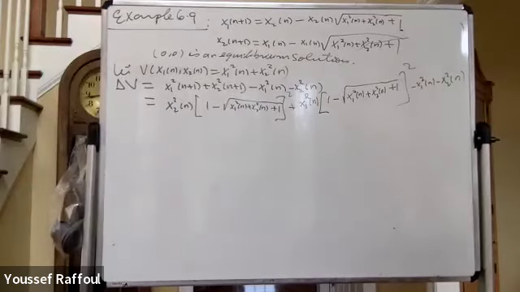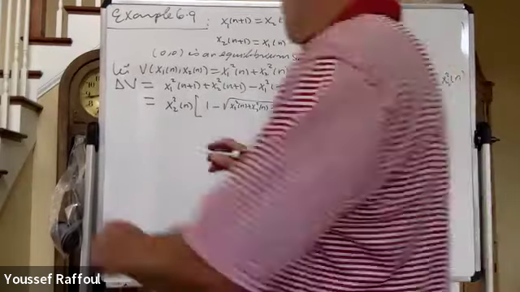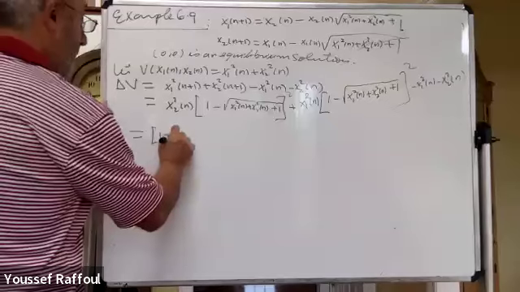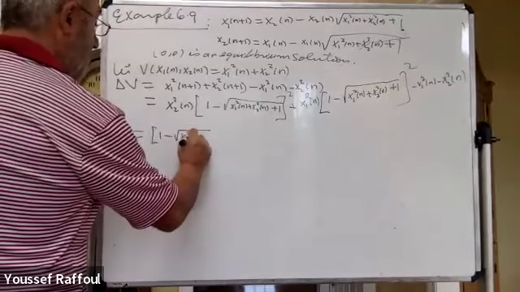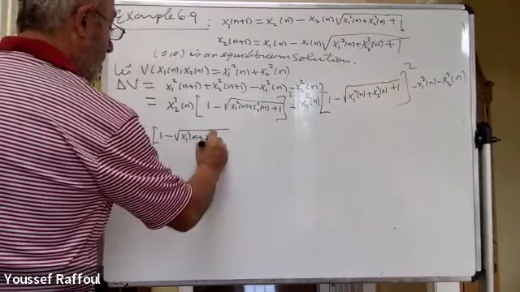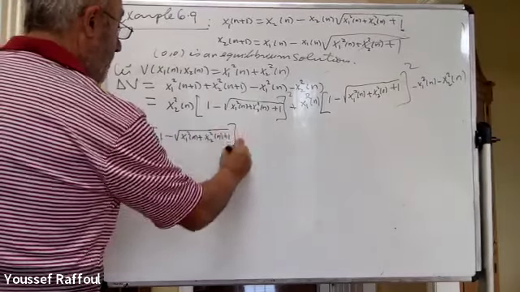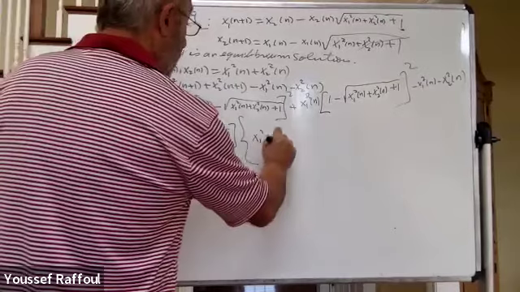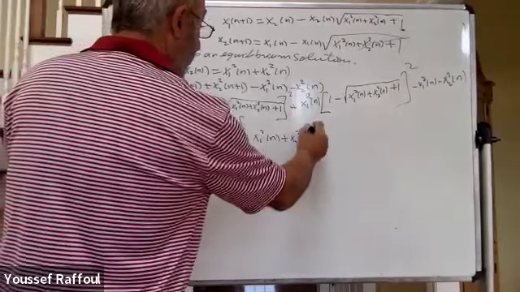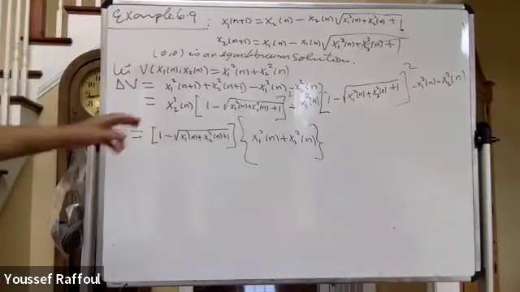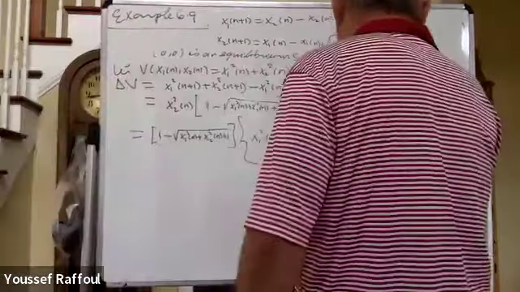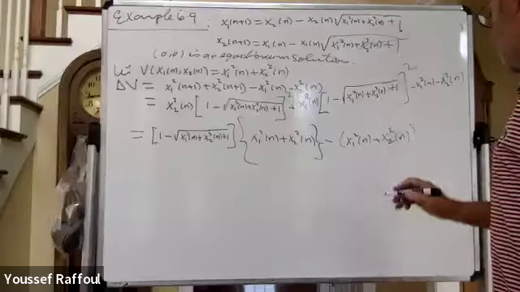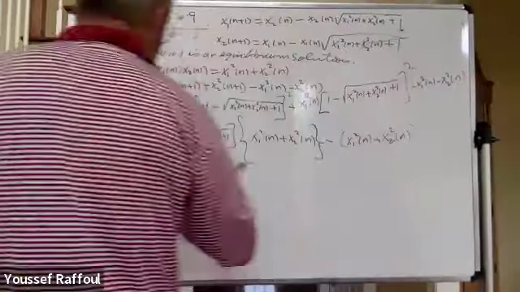Now, this is 1 minus the square root of x1 squared of n plus x2 squared of n plus 1, and I'm going to have x1 squared of n plus x2 squared of n, minus x1 squared of n plus x2 squared of n. Let's factor this out.